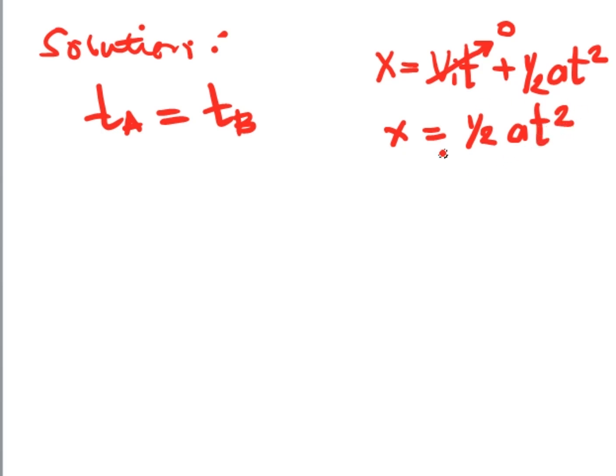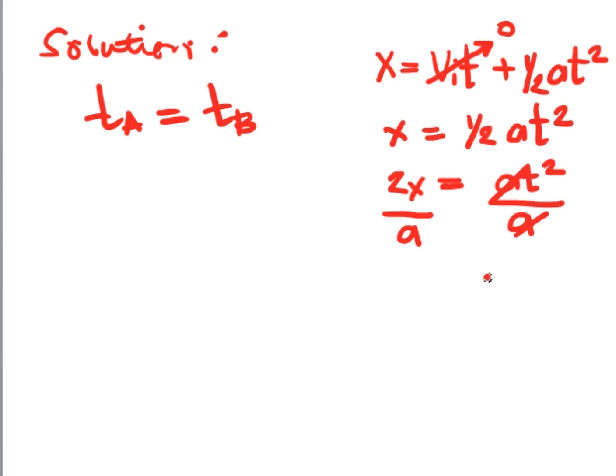Let's derive time from this equation. By cross multiplication, we will have 2x is equal to a t squared. Divide both sides of the equation by a.